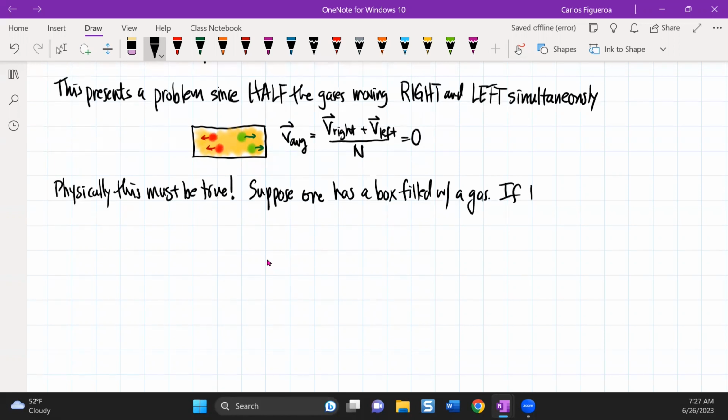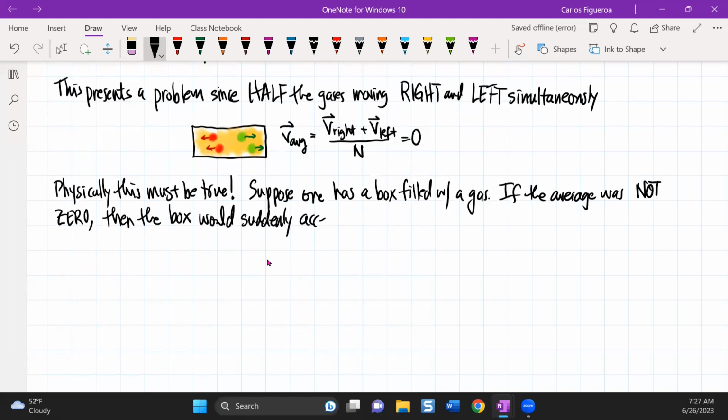If the average was not 0, then the box would suddenly and mysteriously accelerate, right?